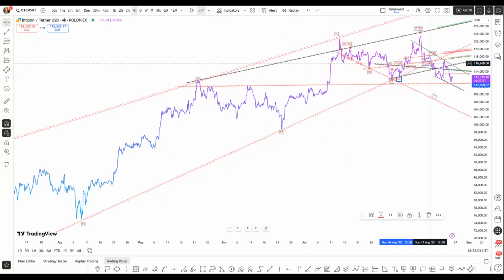And we have a breakout structure here. After breakout structure is followed by a retest. So if price comes back, it's going to retest it. So around 118, 118, 119, you're looking for another sell opportunity, and that will be the raindrop.